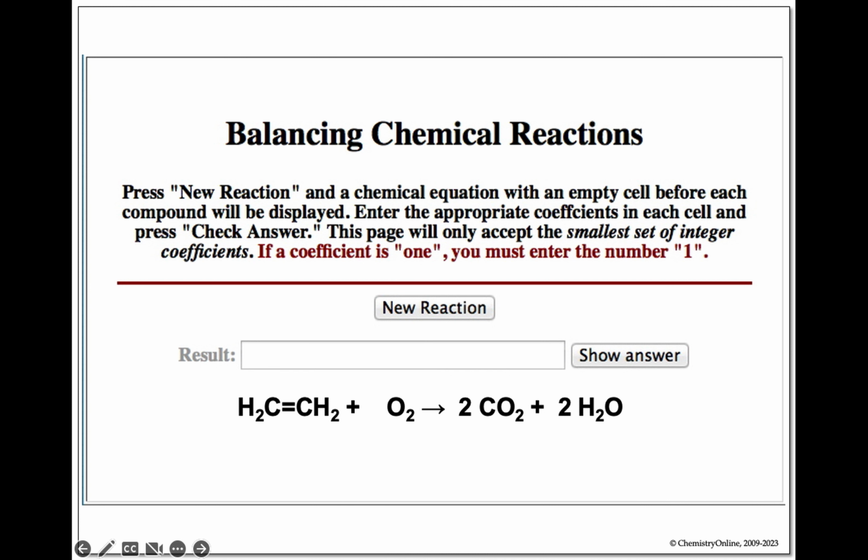This has to be a 3. Any questions? The one thing you have to remember on Blackboard, remember you can't leave a field empty. So when you do this on Blackboard, you have to put a 1 in, even though that is not typically done. Got it?